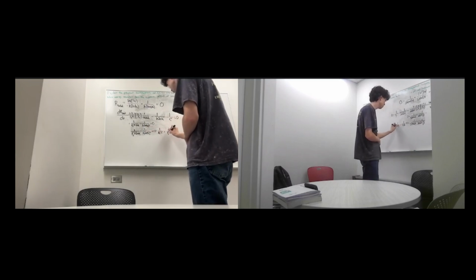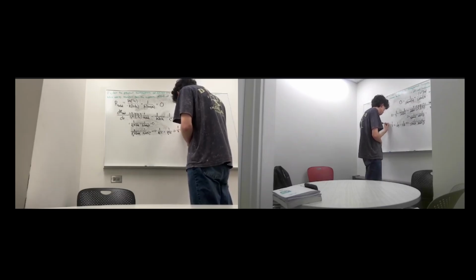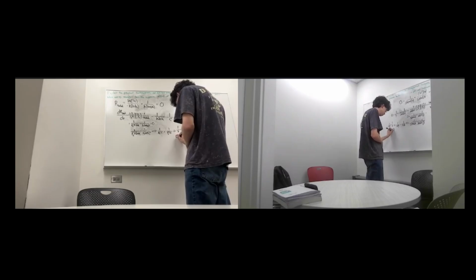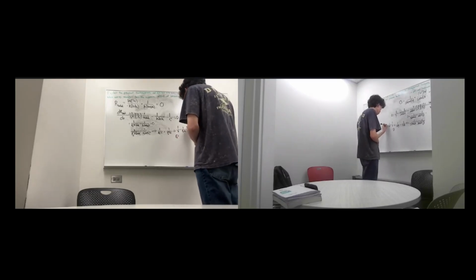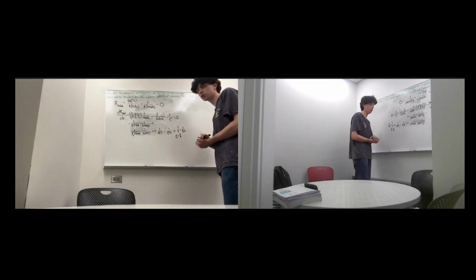So one of these r2s will cancel. We'll have 1 over k is equal to 1 over r2 h. So to get r2 alone, r2 will be equal to k over h.